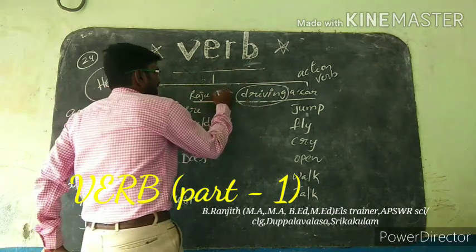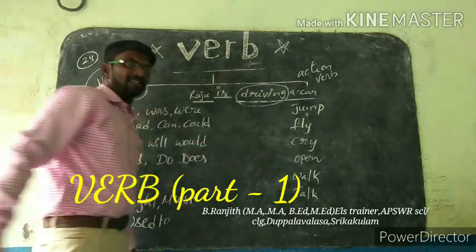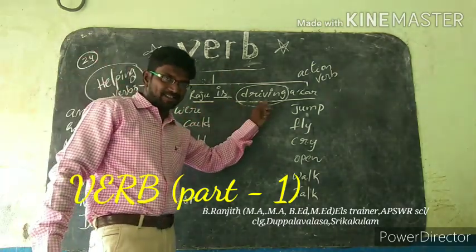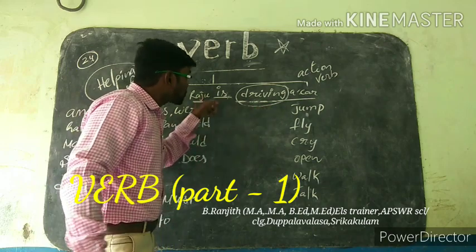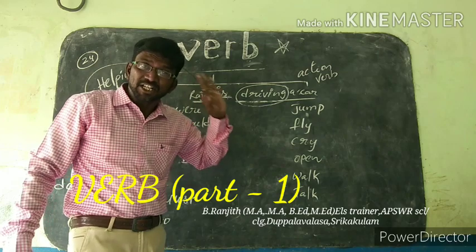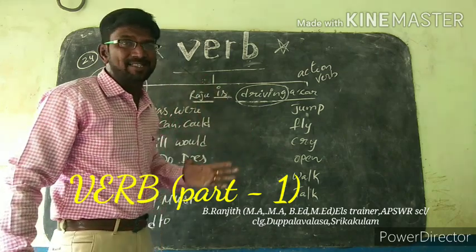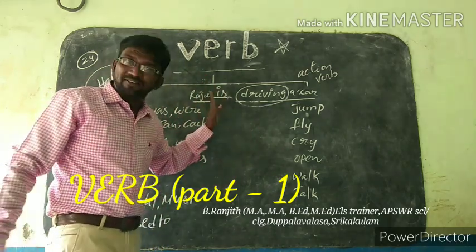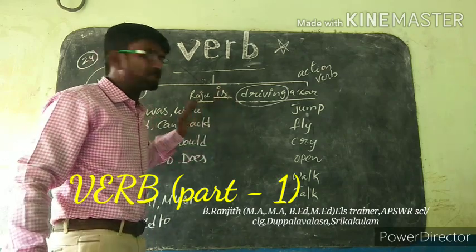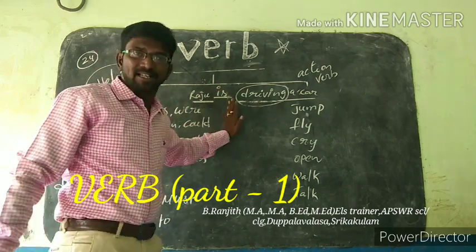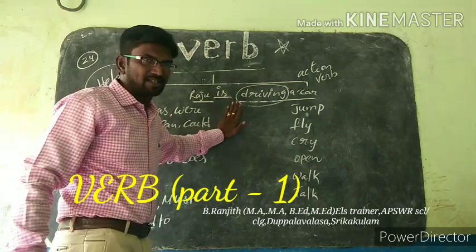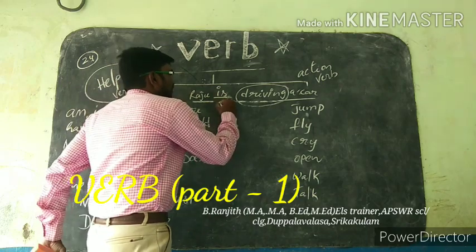But if "is" is there, we can easily identify the tense of the sentence. "Raju is driving" is used in present continuous only. Except in present continuous, "is" will nowhere be used. So this is the main verb.